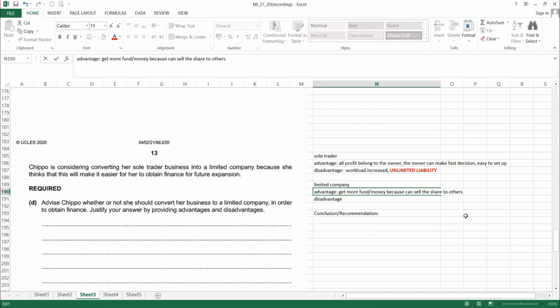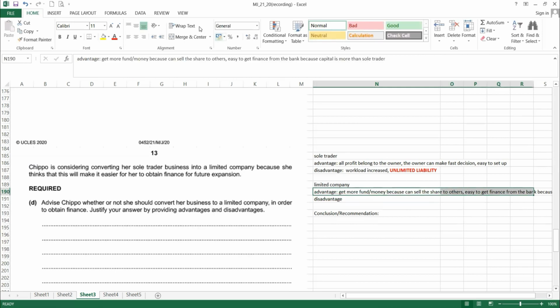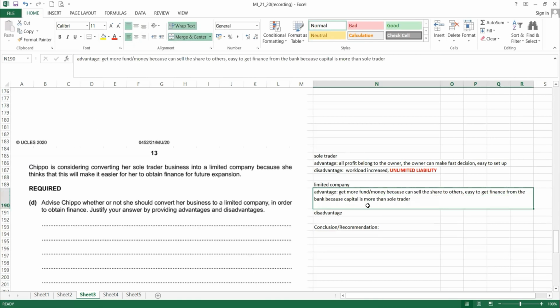Other than that, when you want to borrow money from the bank, it is easier to get finance from the bank because capital is more than a sole trader. That is one of the important reasons why people want to convert into a company: they can get more money, and compared to getting a loan, getting finance is easier.